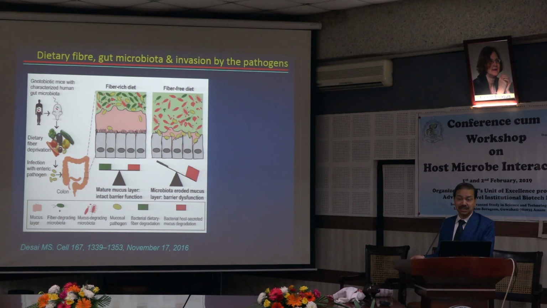And with the mucus layer degraded, when they challenged them with pathogenic bacteria at a much lesser dose of bacteria, these mice got infected. What does it mean? That mucus layer is the first line defense. So too much animal food is bad. Too much animal protein is bad because it promotes the growth of proteolytic microbiota.